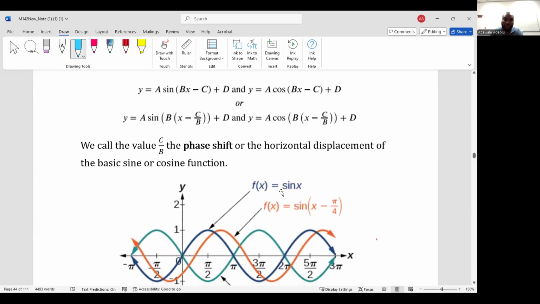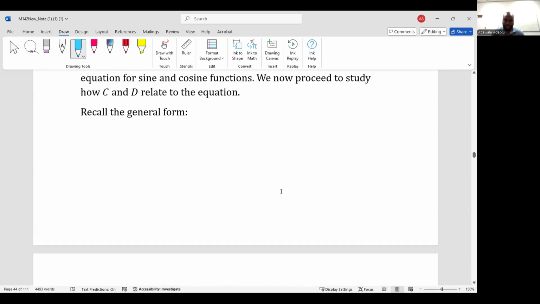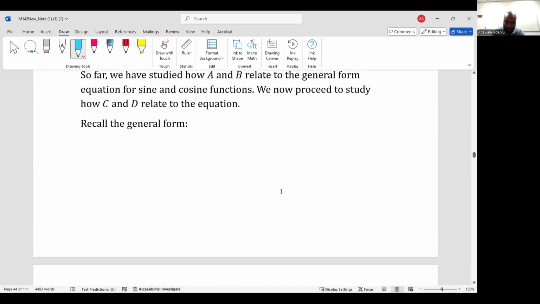So remember our equation one. We have y equals A sine of bx minus C, plus D, that is the general form. I'm going to do something very quickly. I say y equals A sine.